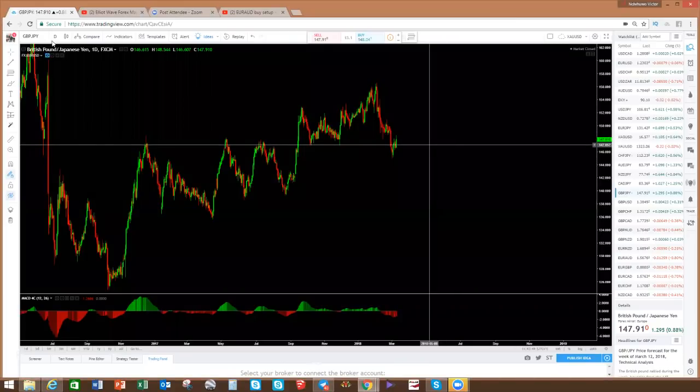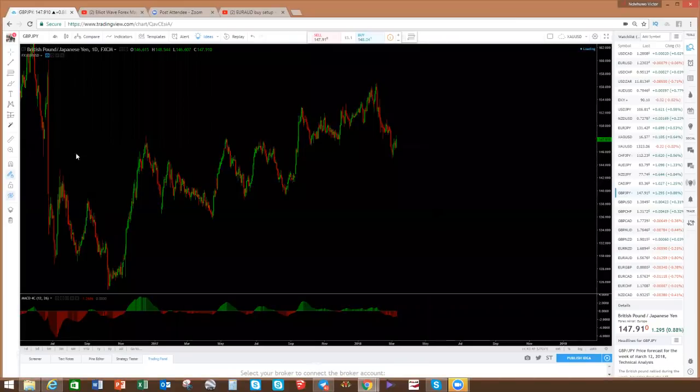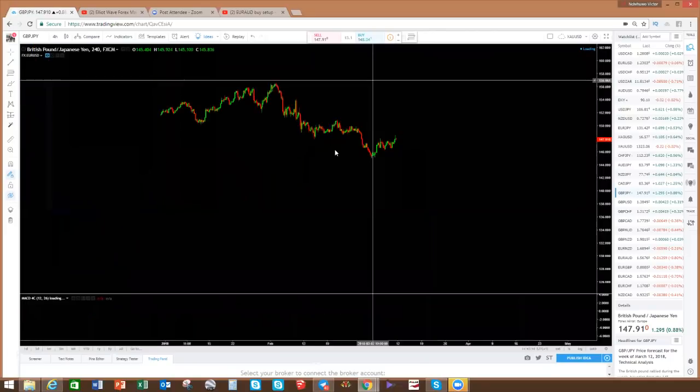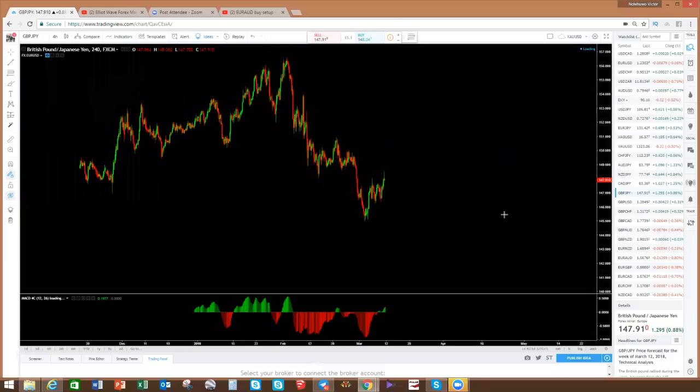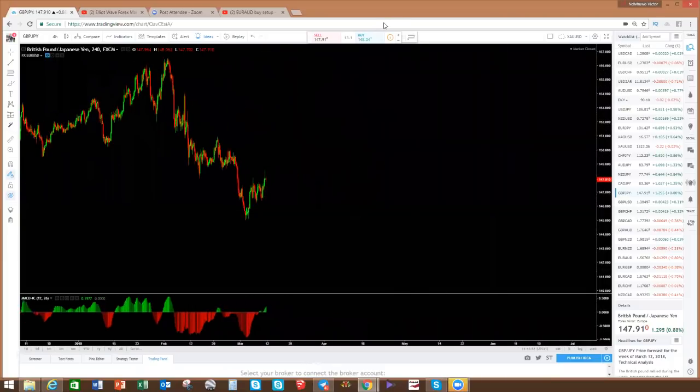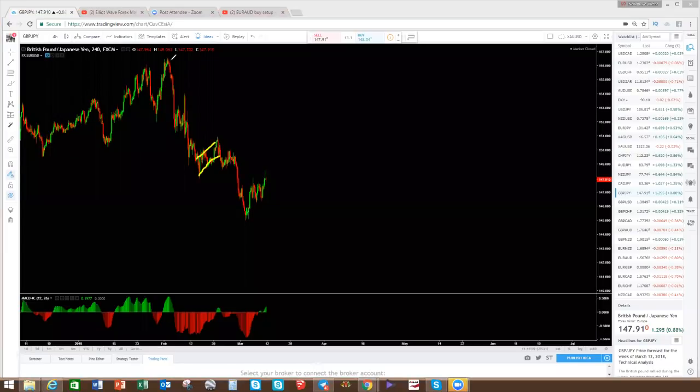Let's go into the 4-hour chart and check how that correction looks. You had an impulse that went down in 3 waves. This was your impulse. You can see here, you had 1, 2, 3 waves, 1, 2, 3, 1, 2, 3. And now it is giving you a 1, 2, 3 pullback.